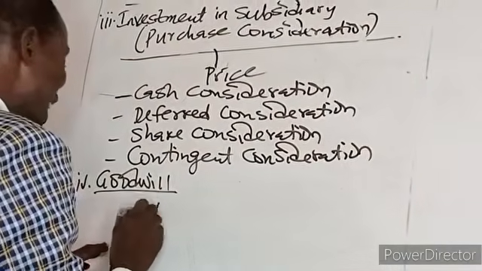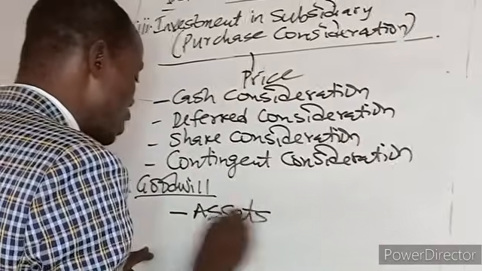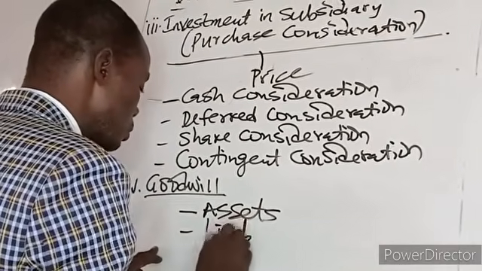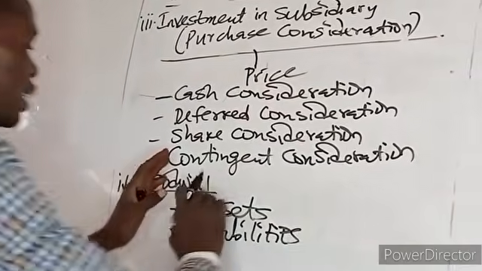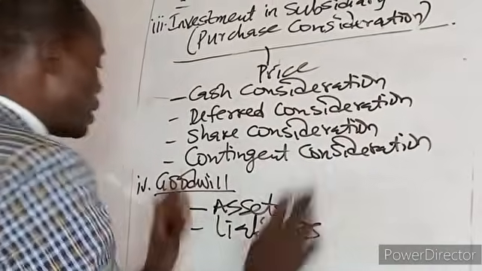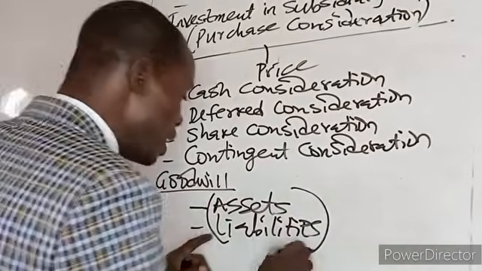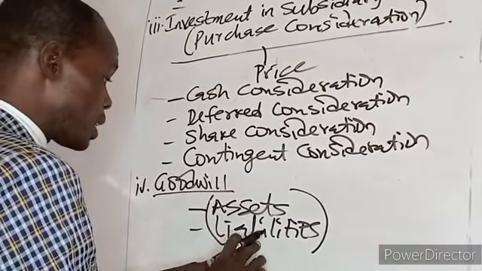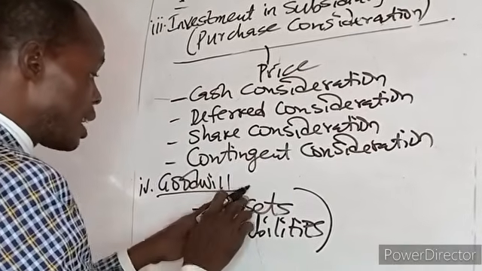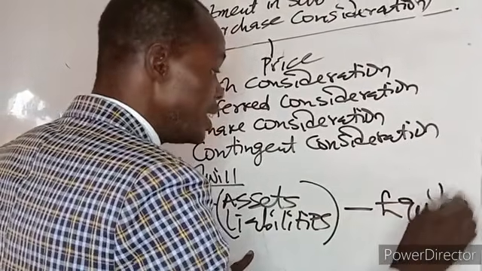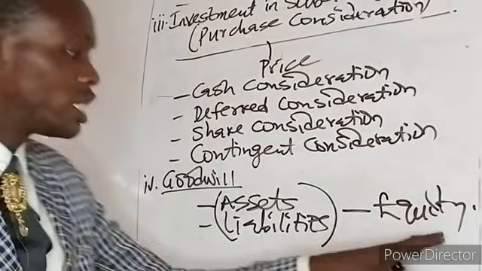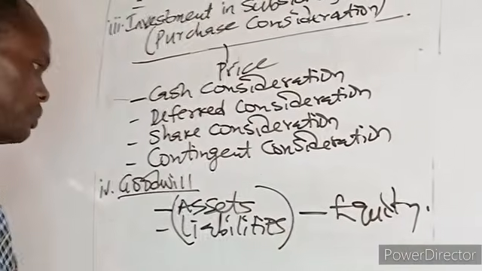If you net it, assets less liabilities, that is equity. That means the parent company is acquiring the equity of the subsidiary company.